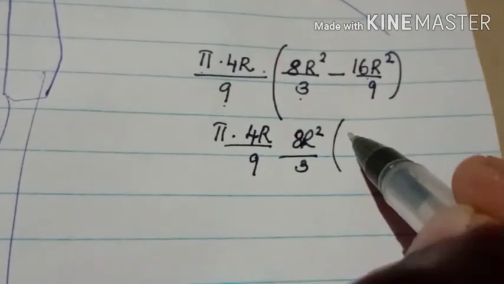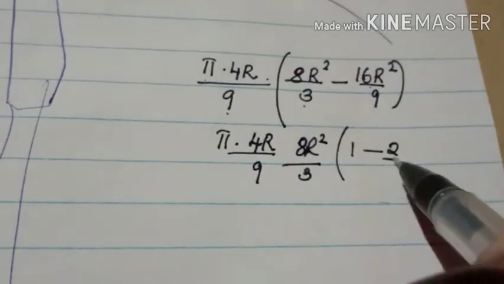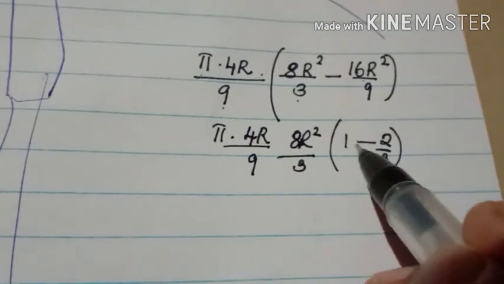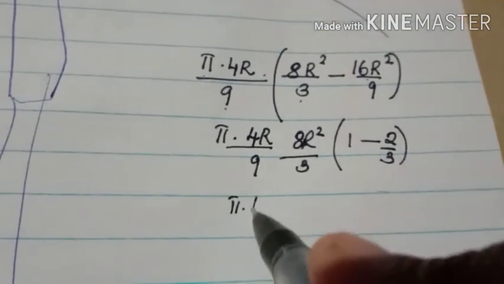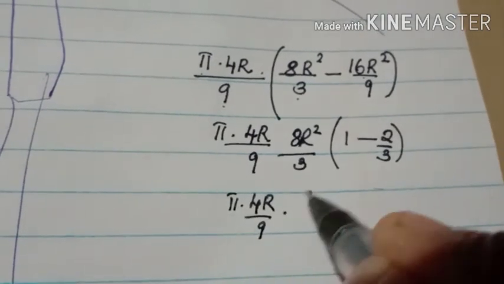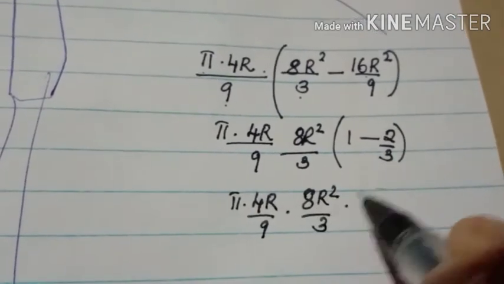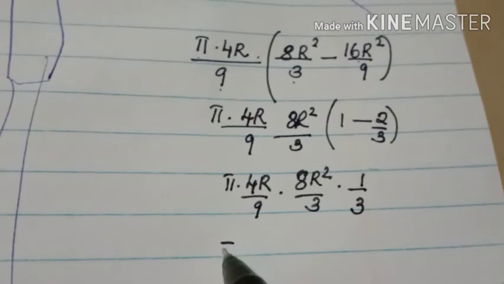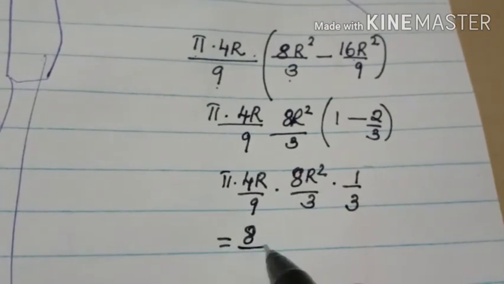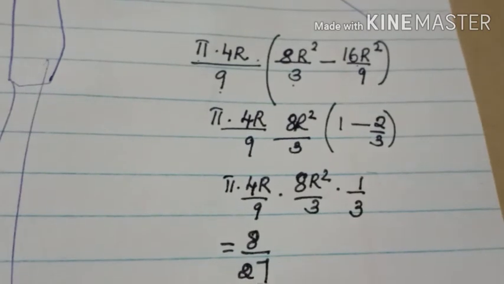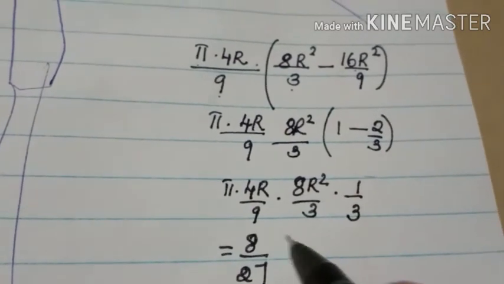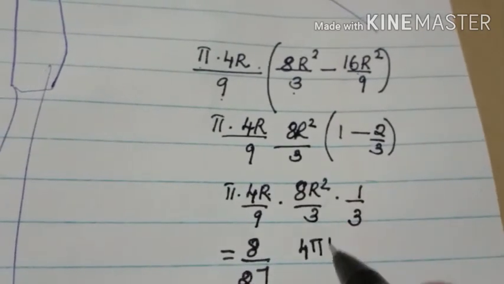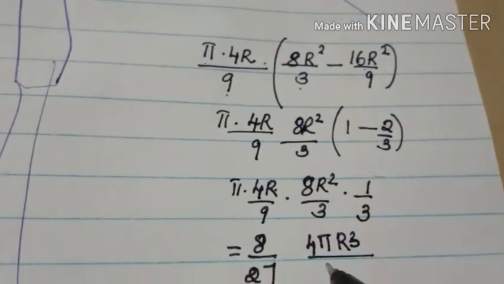So remaining here 1 minus this becomes 2 by 3. Now 1 minus 2 by 3 is 1 by 3. So pi into 4r by 9 into 8r square by 3 into 1 by 3. From this take 8 and 27 separately, because in our question we need this quantity 8 by 27. Remaining 4 pi r into r square, r cube by 3.